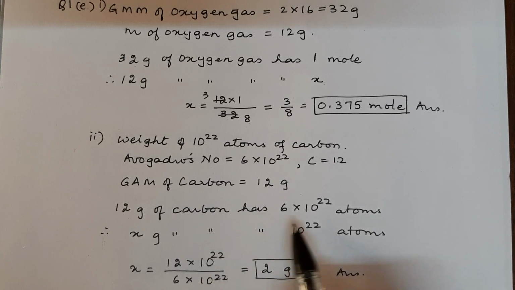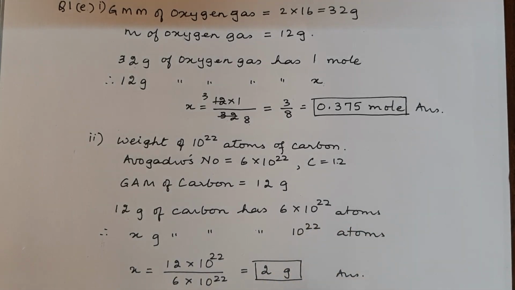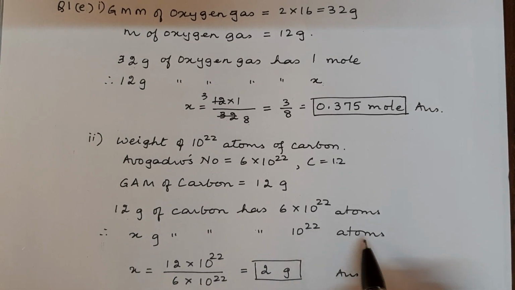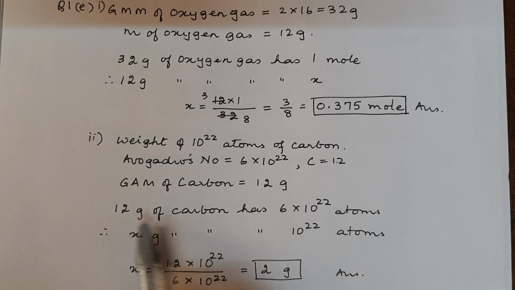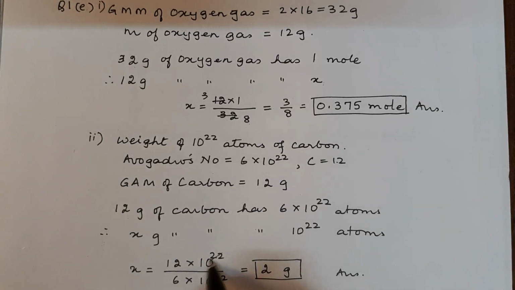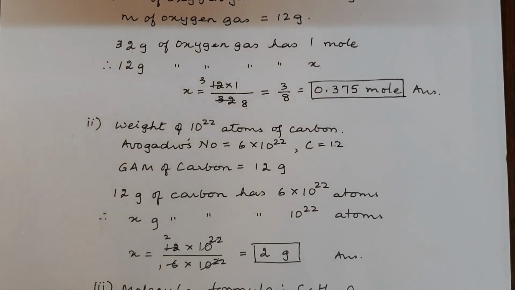If 12 grams of carbon has Avogadro's number, that is 6 into 10 to the power 22 atoms, how many grams of carbon has 10 to the power 22 atoms? So this X will be equal to 12 multiplied by 10 to the power 22 divided by 6 into 10 to the power 22. This gets cancelled, and 6 ones are 6 and 6 twos are 12. So that gives us 2 gram, which is our answer.